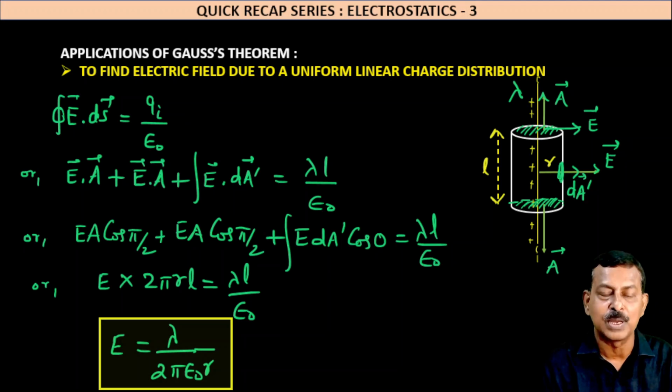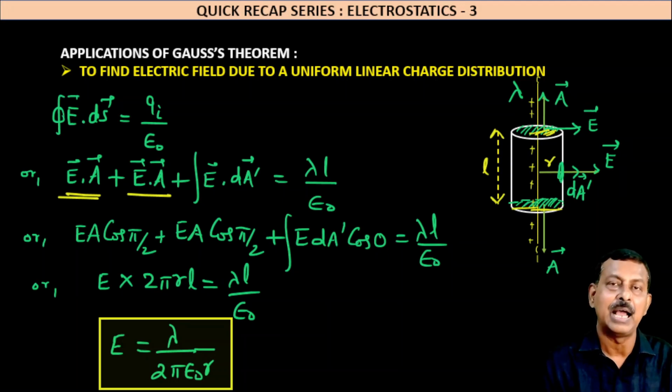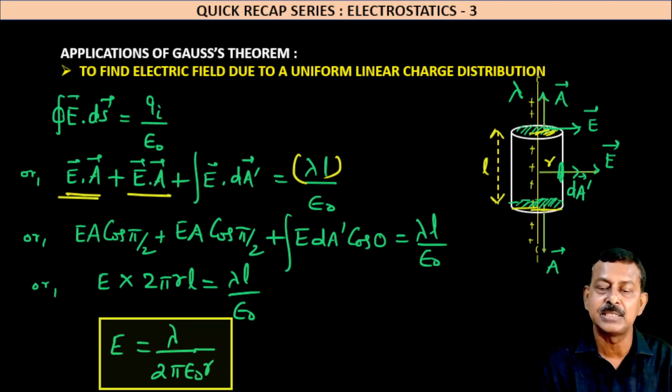For this one, you have E dot A, which is the flux coming out from the upper flat surface. E dot A may be the flux coming out from the lower flat surface. And E dot dA dash as the flux; if I integrate it, you will get the total flux which will come out from the curved surface. Then we'll have to take the net charge enclosed by this Gaussian surface. So this is lambda into L. Lambda is the linear charge density, length we have taken as L. So it is lambda L, divided by epsilon.